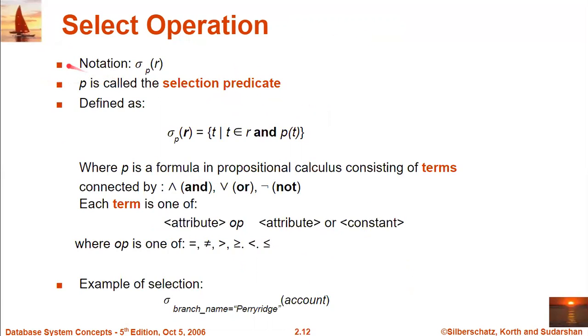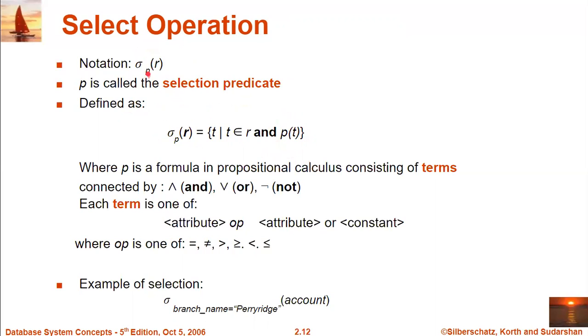Here the notation is sigma P of R, where P stands for predicate, that is, the selection predicate, any condition that you want to apply on relation R. It says retrieve all the tuples coming from relation R for which the condition is true, that is, P of t is true.